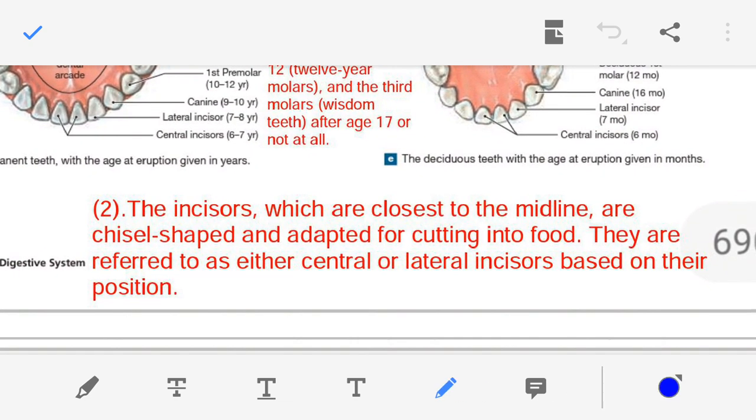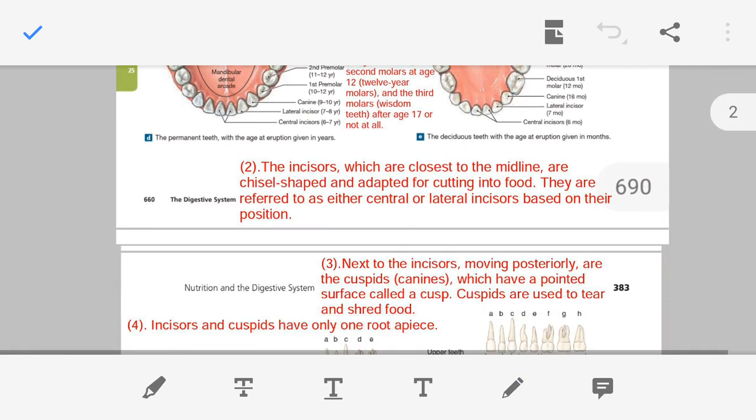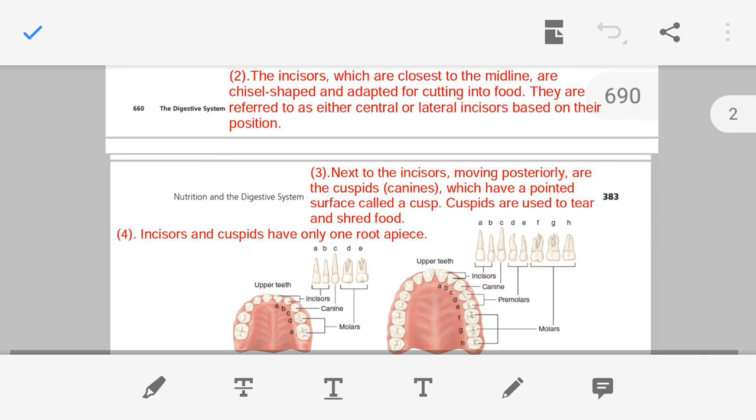The shape of the incisors is chisel-like, and they are used for cutting the food. As I have explained, they are either central or lateral incisors based on their position in the jaw. So this is the second point of our discussion.